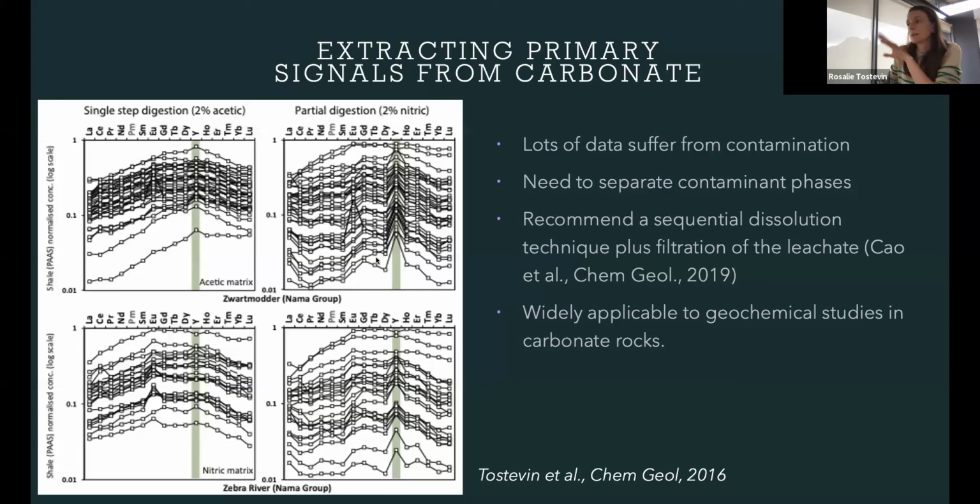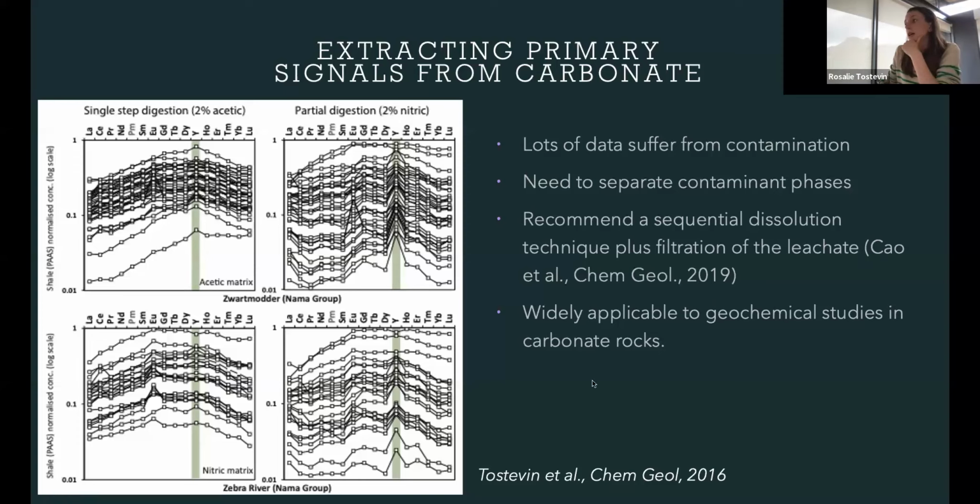And this is from a paper that came out of my PhD in 2016, but it's been shown also by a group led by Zhang and also by Cao 2019, finding similar things with slight differences in the acid used, and they also recommend a filtration step in Cao, which I've now incorporated as well in my group.